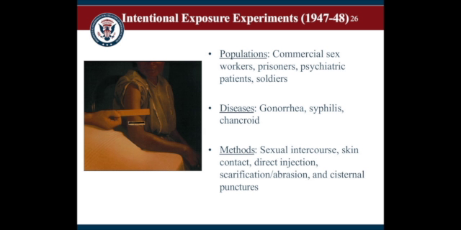The Commission found that these researchers exposed over 1,200 subjects to STDs via painful and invasive methods during these experiments, and that not a single subject consented. In fact, there are many examples of explicit deceit on the part of the researchers.